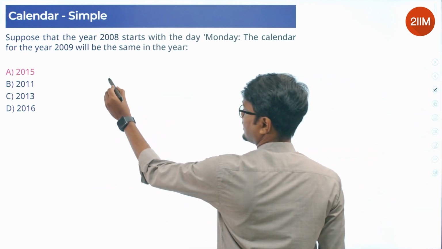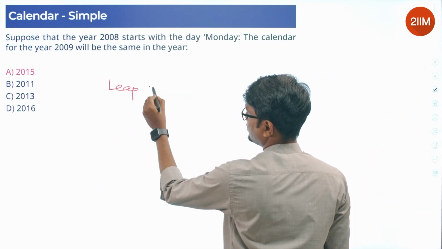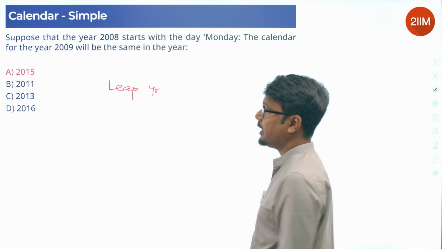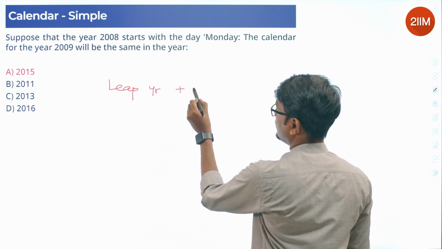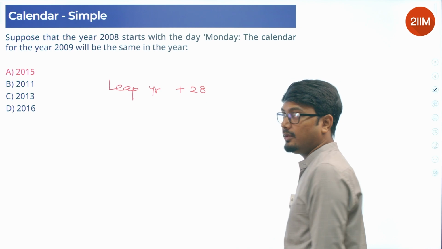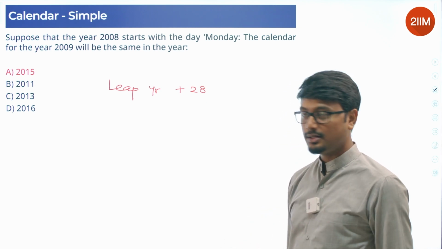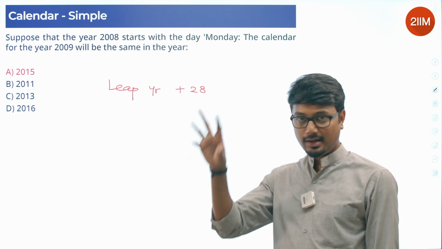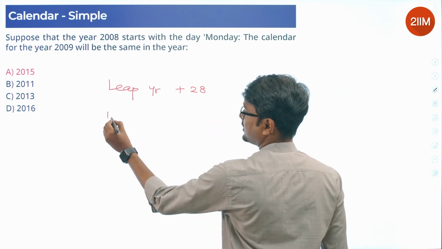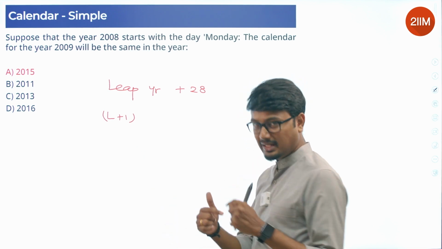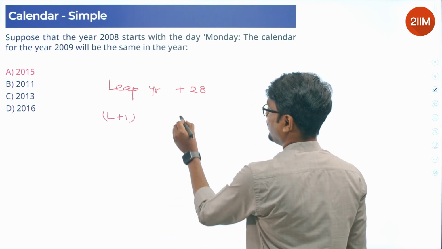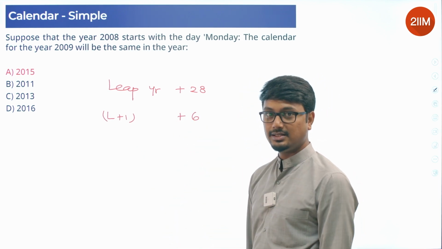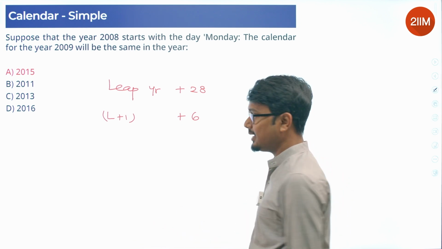So let's write it here, leap year. If you have a leap year, plus 28 years will have the same calendar. Whatever may be the leap year, plus 28 will give you the same calendar. Or leap year plus 1, the next year of the leap year, plus 6 years will give you a similar calendar.